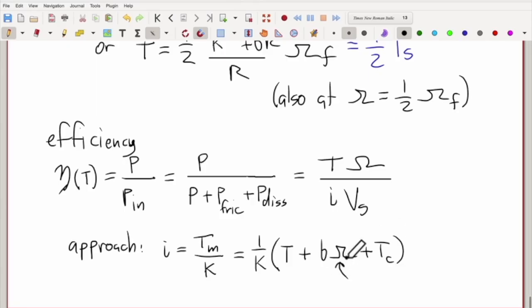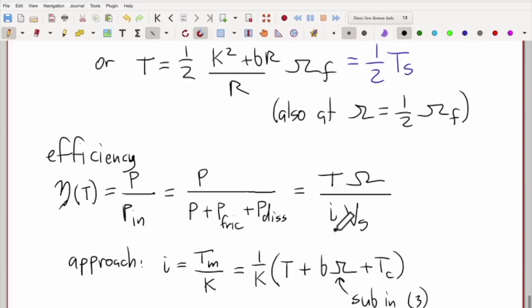Here omega appears again. You don't really want omega, you want it only in terms of T, so you would substitute in equation 3 above, and from that you should be able to get I, and then you can plug it in there, and then you get an efficiency curve. Okay, so I'm not going to write that out, but this is what it looks like.